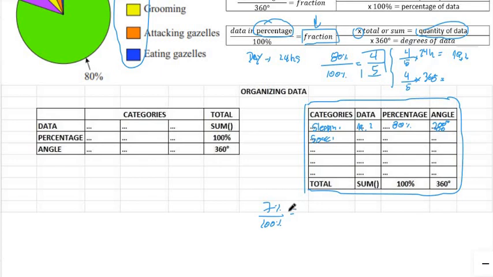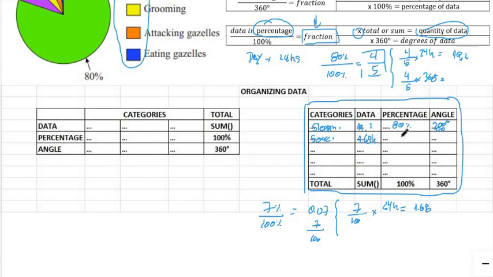This is 0.07, or 7/100, the same. If you multiply this fraction by the total, that is 24 hours, you have the time in hours that represents that percentage. Multiplied by 24 hours, this is 1.68. So this is 1.68 hours.